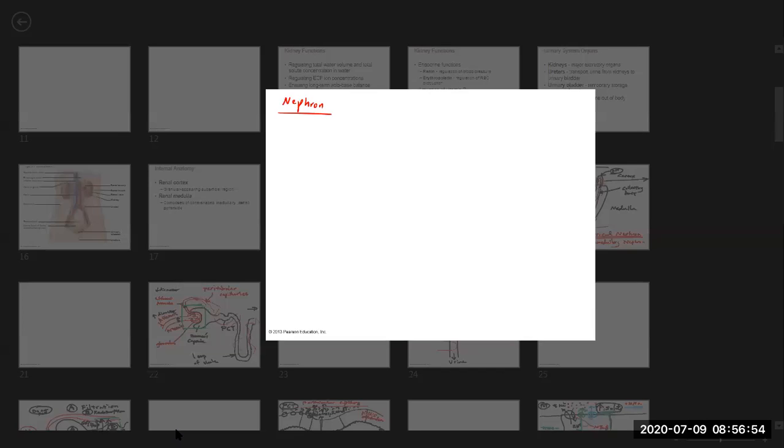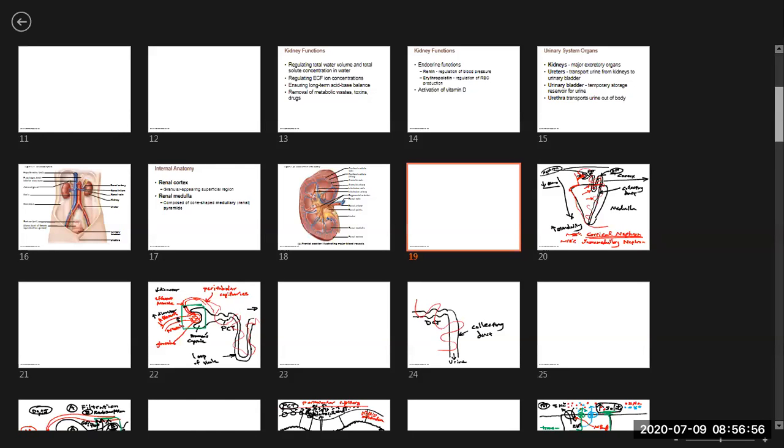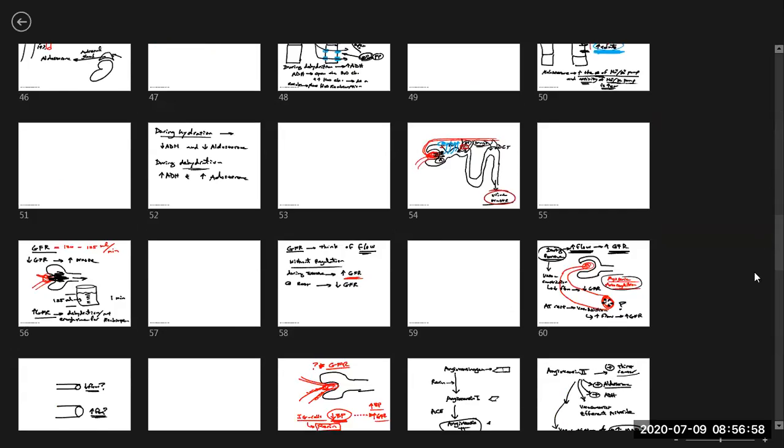There are generally two types of nephrons. All right. 85% of the nephrons are known as cortical nephrons, and about 15% are known as juxtamedullary nephrons.